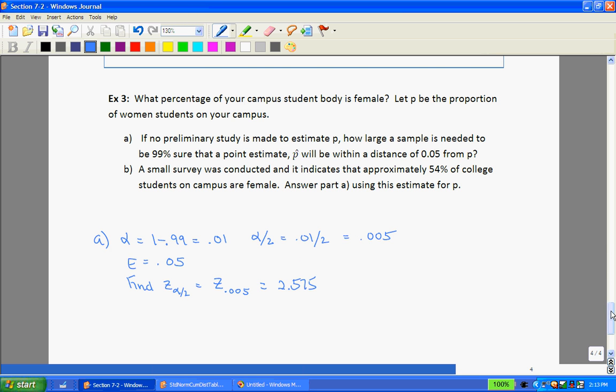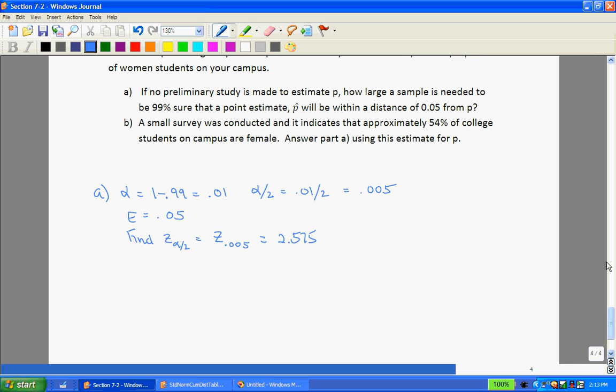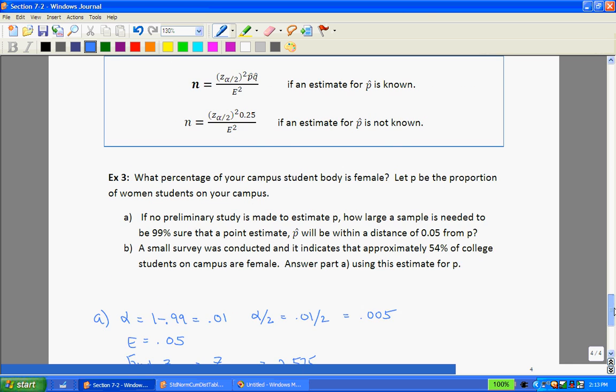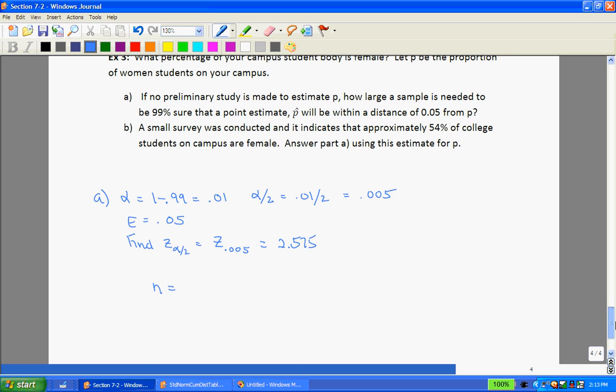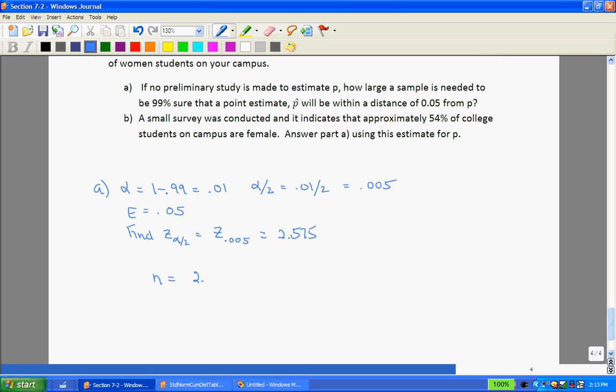So our z-score is 2.575. Since we don't have an estimate for p hat, we're going to use that second formula, which says z sub alpha over 2 squared. So we take our 2.575, square that, multiply by 0.25, and divide by E squared, so 0.05 squared, and I get 663.06.